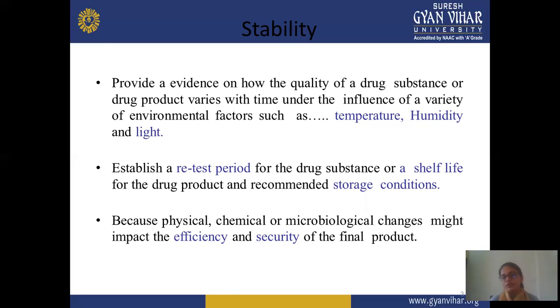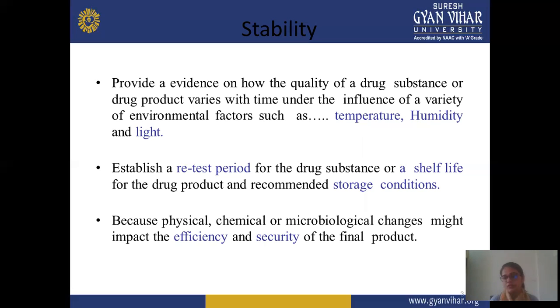But when you store them in an improper condition, not according to the required condition, and expose them to that environment, it is not good for the formulation, and it easily degrades or shows fast expiry.